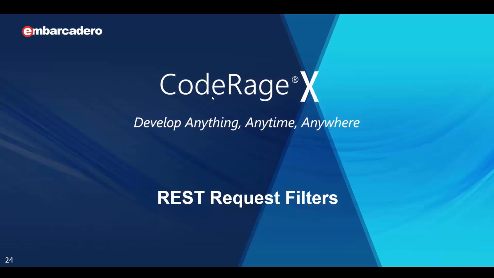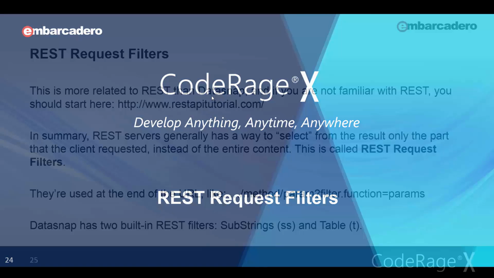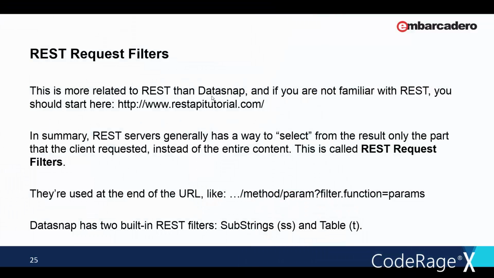Now let's talk about REST request filters. In summary, the REST request filters are more related to REST than DataSnap itself. And if you're not familiar with REST, you should start studying about it on this link, for example, restapitutorial.com.